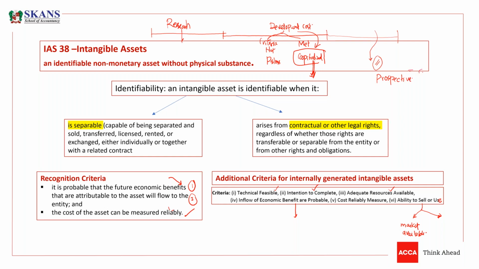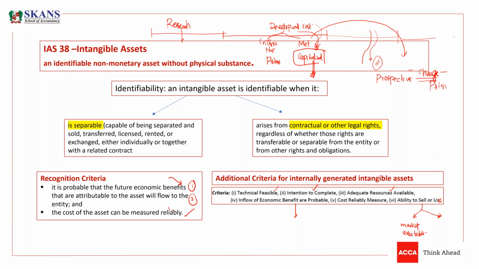You should charge this to P&L in the current year. So the asset was capitalized in the previous year when the criteria was met, but now the criteria is not met. So prospectively, you need to charge this to P&L.